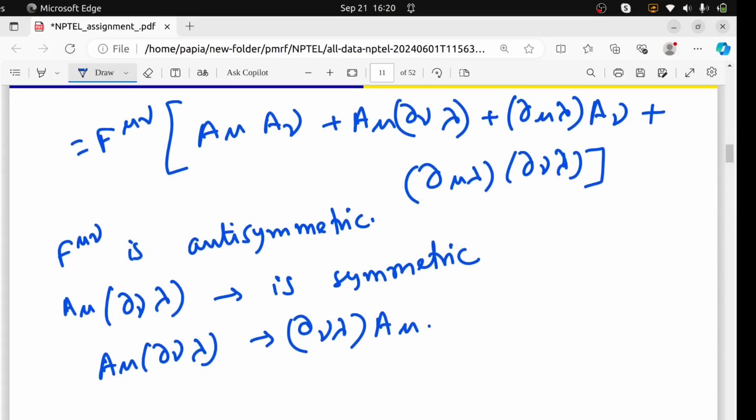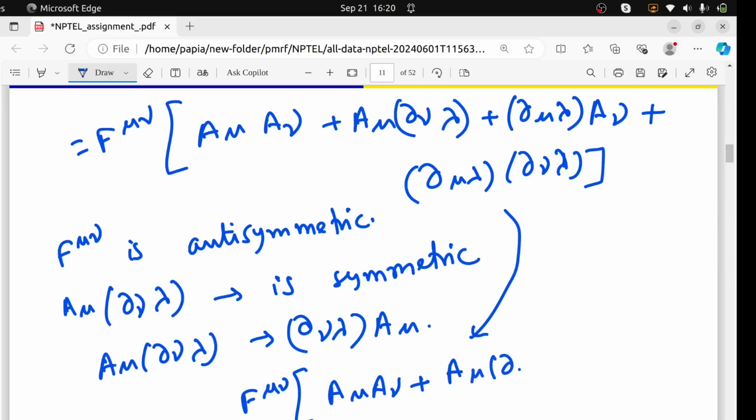So if I just replace this one, then you can see from this expression F_μν, then A_μ A_ν plus A_μ ∂_ν λ, and ∂_μ λ A_ν, so I can change it, because again μ and ν are dummy indices.